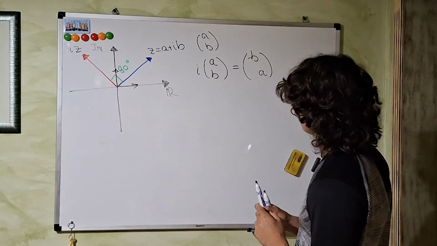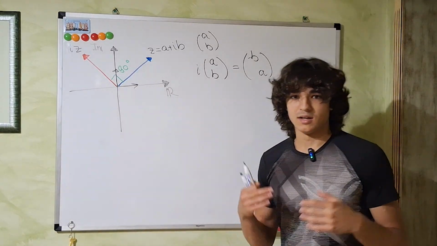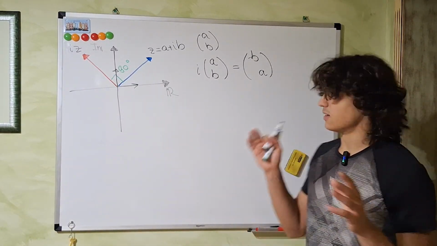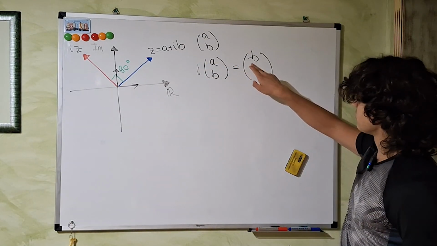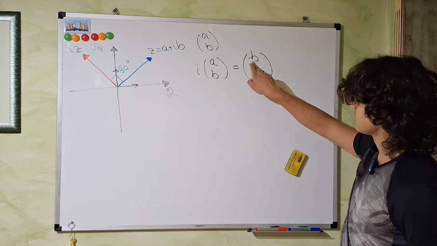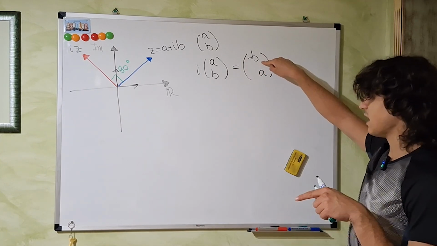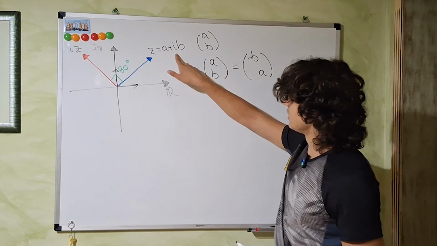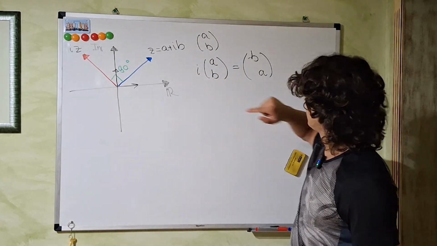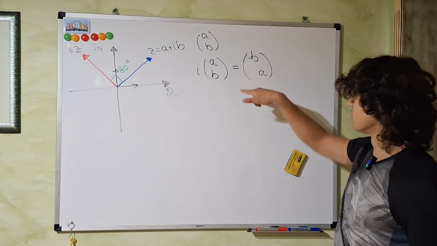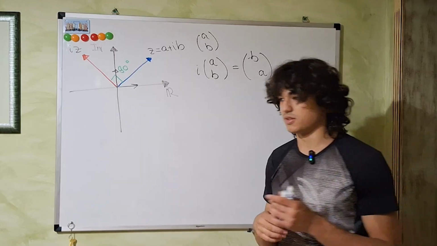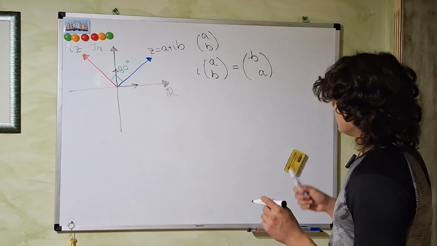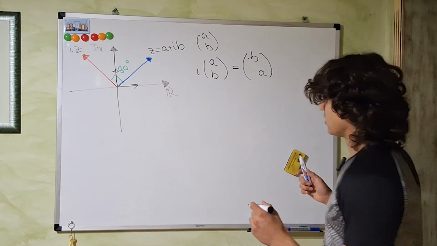This is the vector we get when we multiply any vector by i, because i squared equals minus 1, so the b coordinate gets a minus sign, and it is now the x coordinate, because it is not an imaginary number, and a simply gets multiplied by i, so it becomes the y coordinate in this case. So we need to find this matrix.